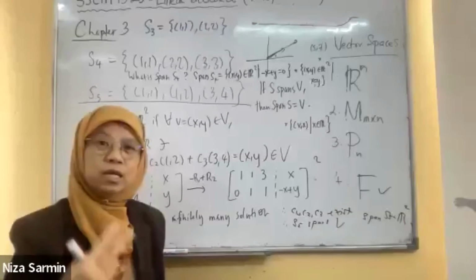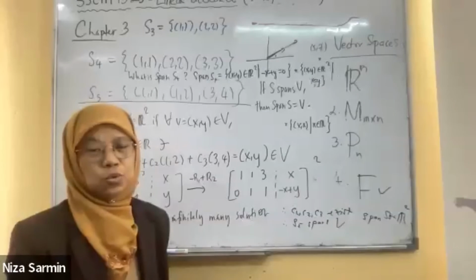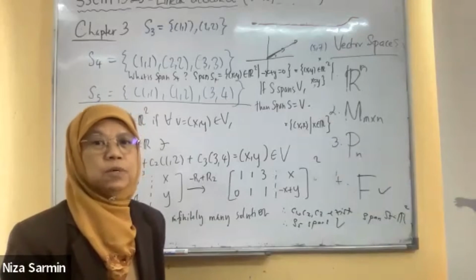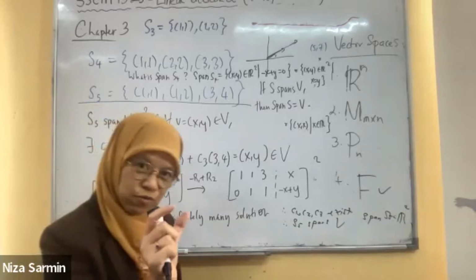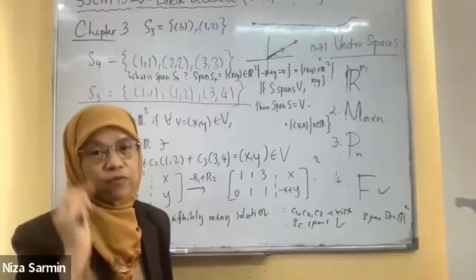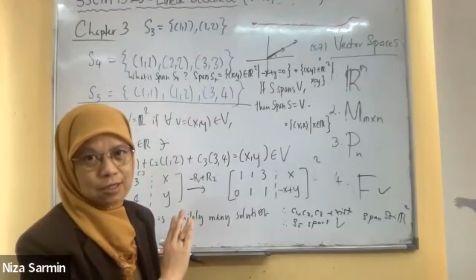Actually, you have more than enough. You need just 2, but you have 3. So that is why it is still possible to find the solution. If you really want to find the linear combination, you have to solve, but it's not asked here.